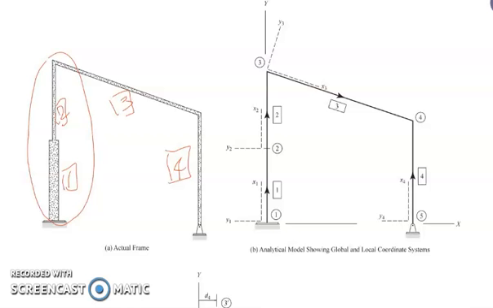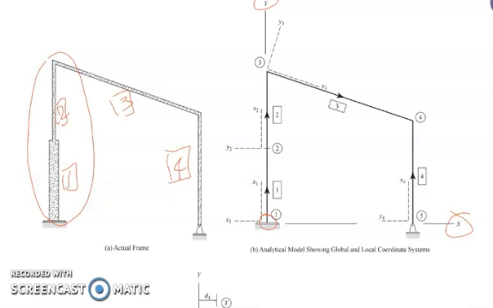So we have here our x and you have our y. This will be our origin for our global coordinate system. And for the local coordinate system, of course, this is per member. So this is also known as local coordinate system. We have to consider each member so that you could identify the local coordinate system or the member coordinate system. So same with the plane truss.